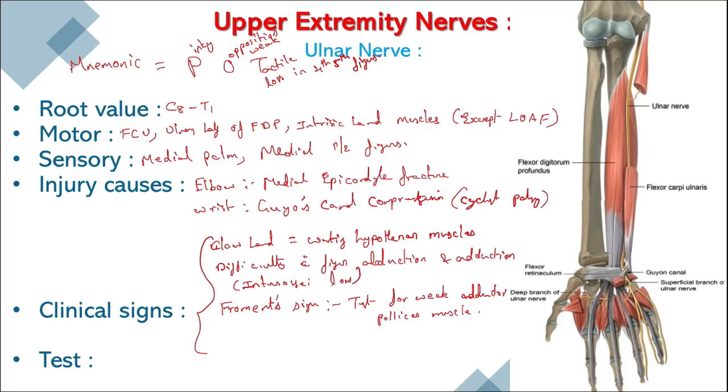Okay, and for the ulnar nerve we can check sensation over the medial palm and medial 1.5 fingers. Okay, and we can check with the pinky finger and these things. Good.